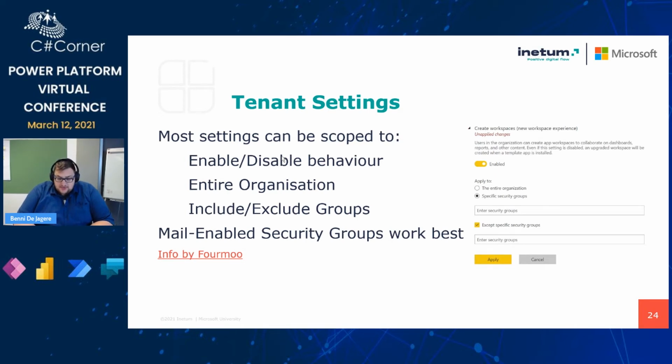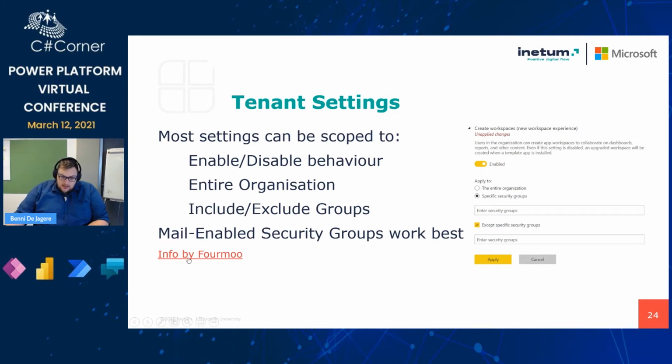Most of these tenant settings, if not all, require a security group to scope them, meaning we can use Active Directory, the on-premises version of security groups, or the online Azure Office 365 mail-enabled security groups. These work the best because they have the widest area where they can be used.